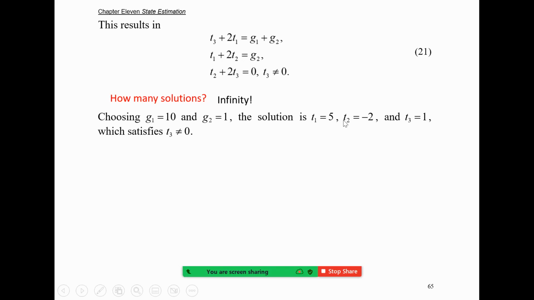From that one, you get your T1, T2, T3, and of course, the important number is T3. T3 cannot be 0. So the other numbers, right? Doesn't matter whether T1, T2 are 0 or not, but T3 cannot be 0. But anyway, you just fix. You have 3 equations. You have 5 design variables. To get a solution, you just fix 2 of them, right? And get the other 3.